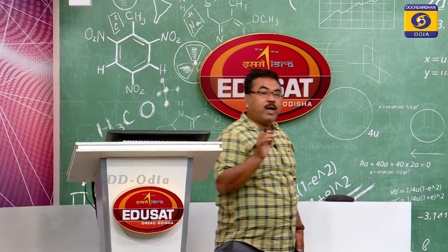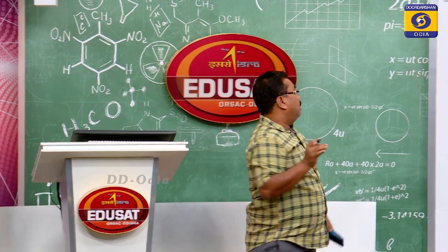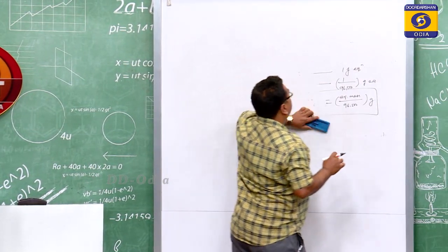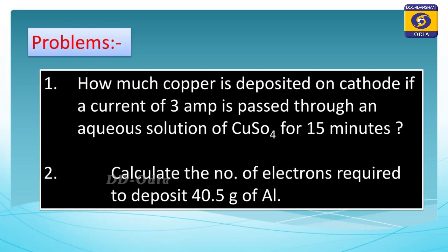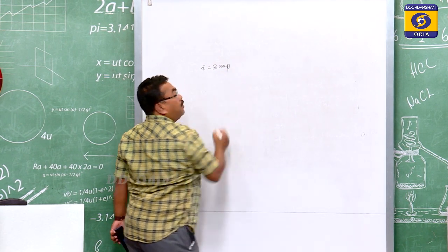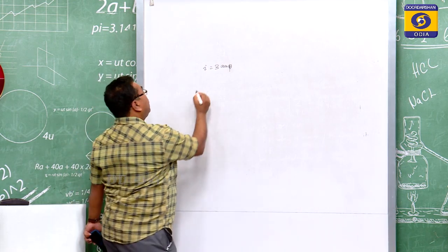Now we shall try to solve problems based on the quantitative aspects of Faraday's laws. Question number 1 asks: how much copper is deposited on the cathode if a current of 3 ampere is passed through an aqueous solution of copper sulphate for 15 minutes?